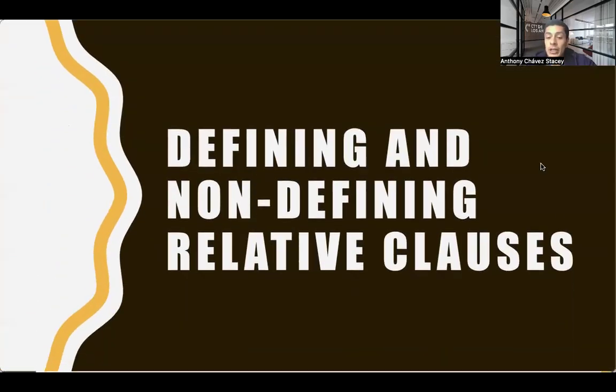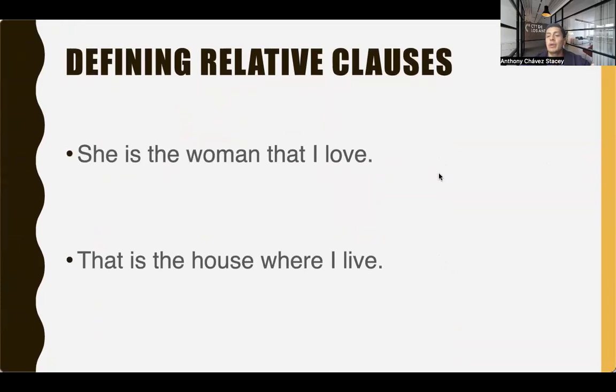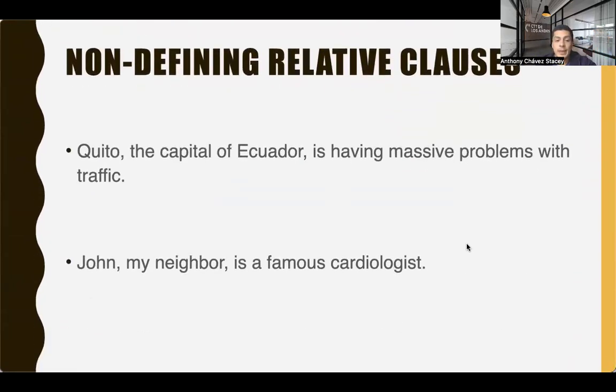Defining and non-defining relative clauses. Defining relative clauses. She's the woman that I love. She's the woman who I love. She's the woman which I love. You can also use between that or which. That is the house where I live. It is a place. Non-defining relative clauses. Quito, the capital of Ecuador. In between commas, you take it out, the sentence keeps its meaning. John, my neighbor, you keep it out and it keeps its meaning.